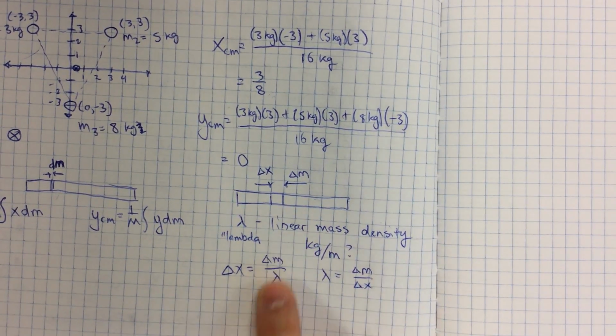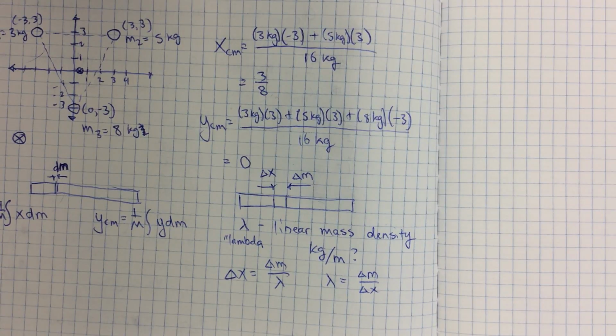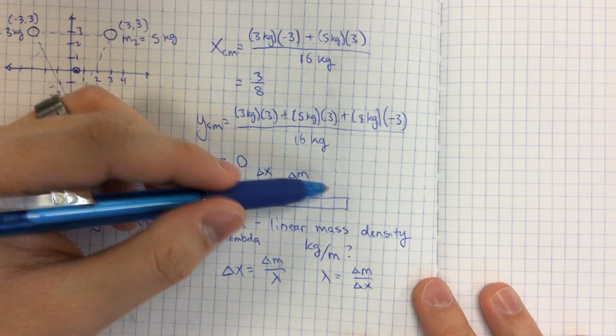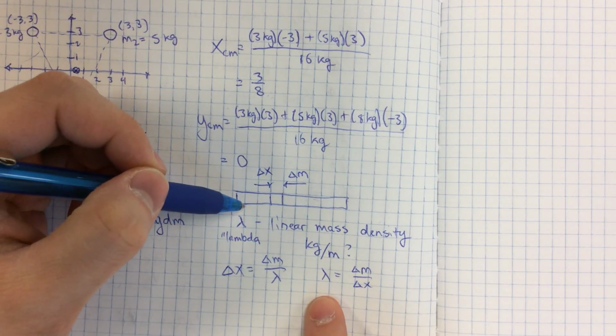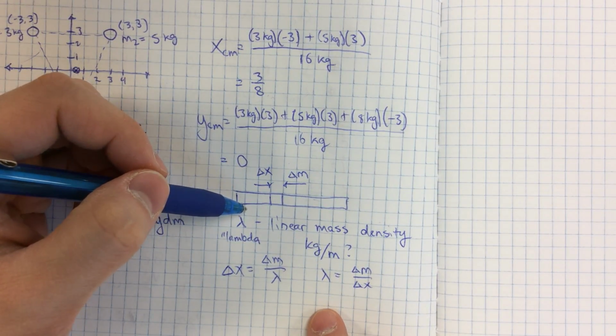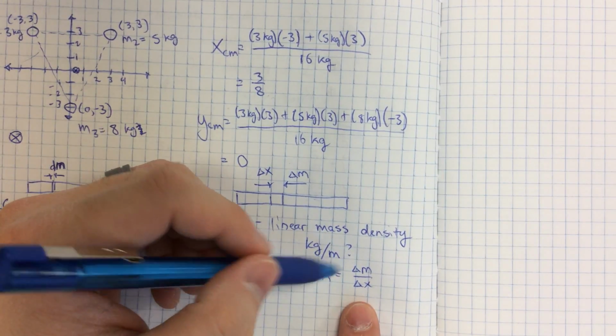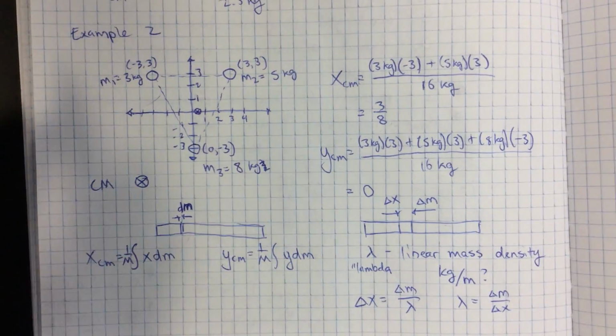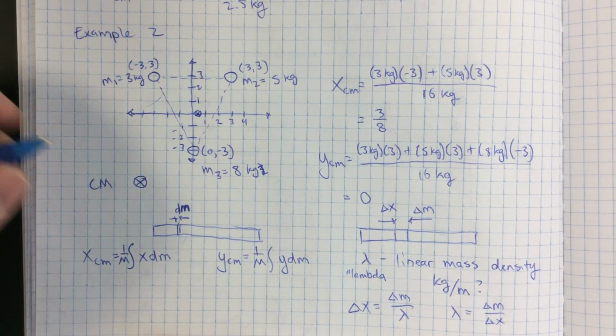For now, the problems you'll probably get, I haven't quite seen one where they throw in some function of linear density. It'll probably be uniform. So if it's uniform, you can say something like this. How does that translate to a differential amount?